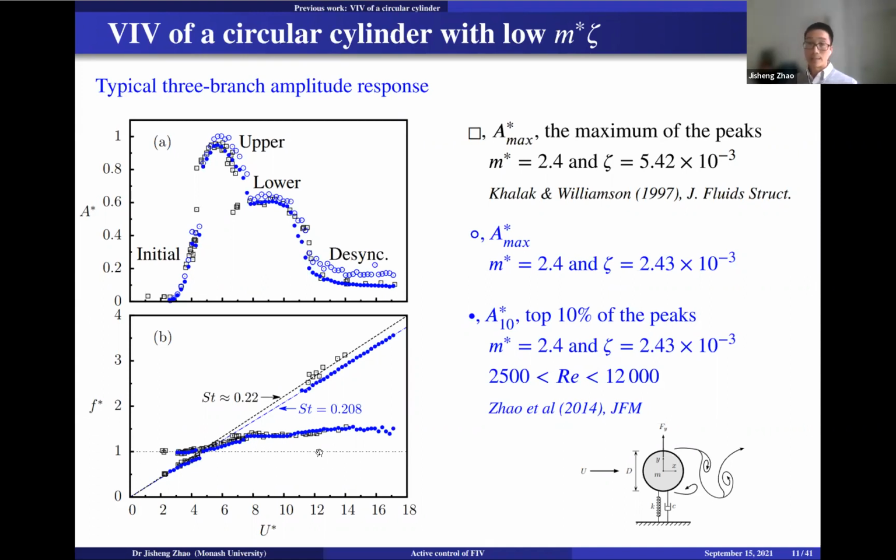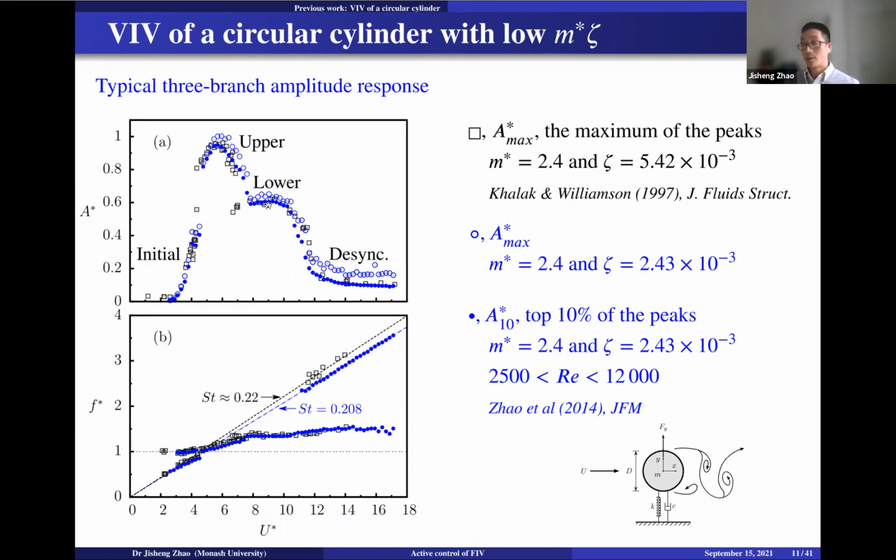There are some studies discussing this problem. And before the increased U star, the system maintains the lock-in, or lock-on, or synchronization.